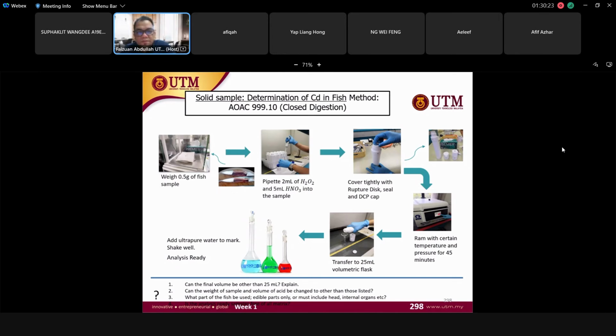For example, determination of cadmium in fish using the method AOAC 999.10, the closed digestion. With the fish, pipette peroxide and acid mix into the sample, close the sample vial, and this is a block digester, right? So put it in the block digester, run at a certain temperature for so many minutes, then add ultrapure water to the mark.